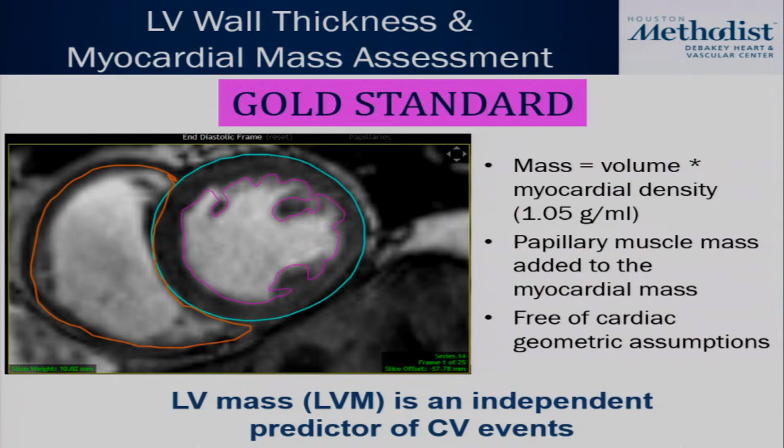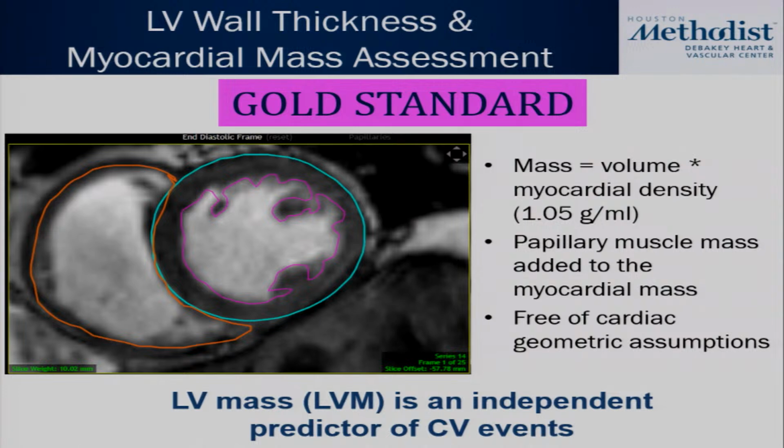Now, the other thing CMR is also very good at is determining myocardial wall thickness. We have great clarity in visualizing the muscle, so we can make very accurate linear measurements of how thick the walls are. But on top of that, we can actually determine LV mass. And we do this by tracing the epicardial contour and then tracing the subendocardial contour.